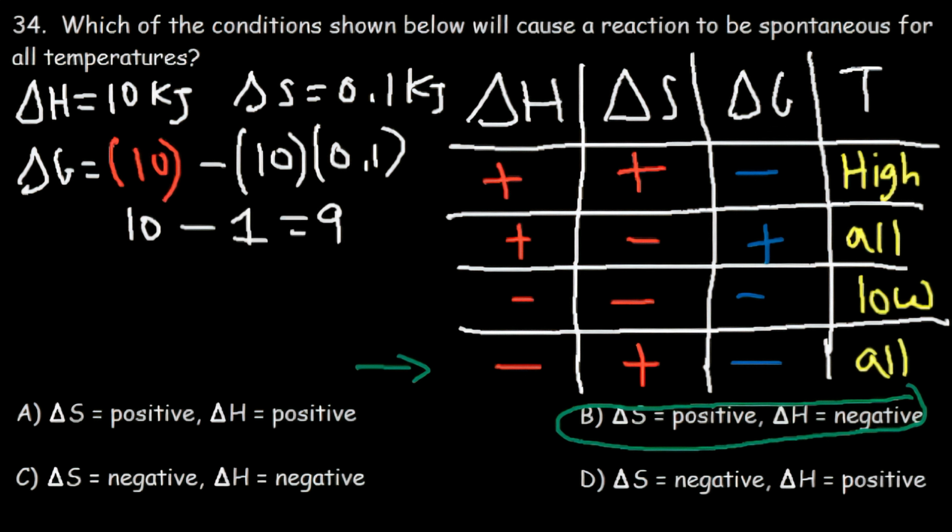So delta G is positive at low temperatures when delta H and delta S are both positive. But when the temperature was high, like 1,000, delta G was negative, and this proved true. So when delta H and delta S are both positive, when the signs are the same, delta G is spontaneous only at high temperatures. At low temperature conditions, it's non-spontaneous.